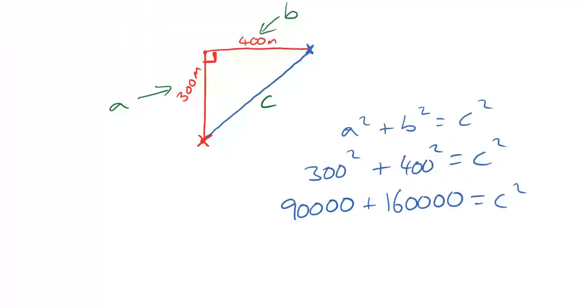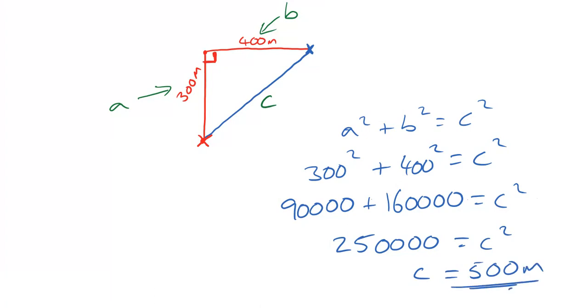So if I add these up, I'm going to have 250,000 equals C squared. So if I get the calculator out and I type in 250,000 and I square root that, I'm going to get that C is 500 meters. There we go.